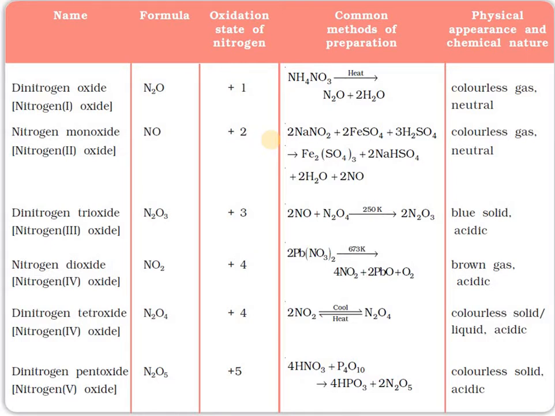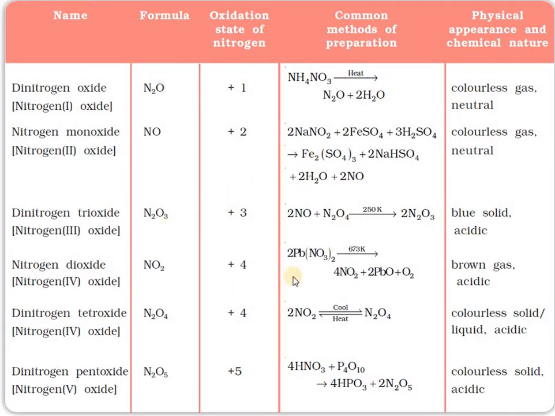Nitrite is converted to NO, means reduction of NaNO2 takes place to NO, and thereby we get the gas NO, nitric oxide, or nitrogen monoxide. This gas is also colorless and neutral. So the plus 1 and plus 2 oxidation states are neutral and higher oxidation states are acidic.